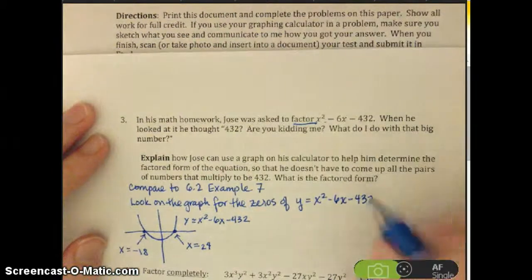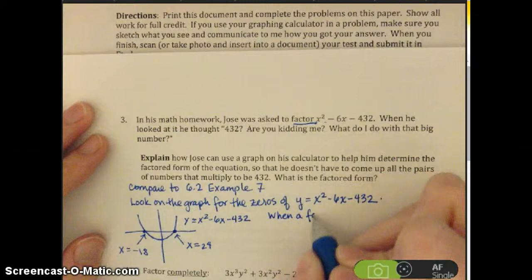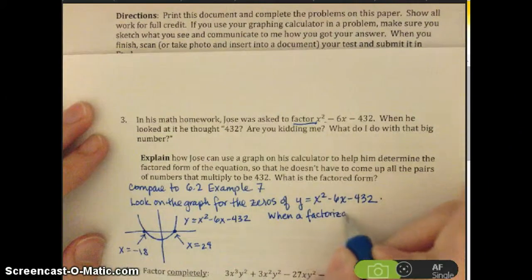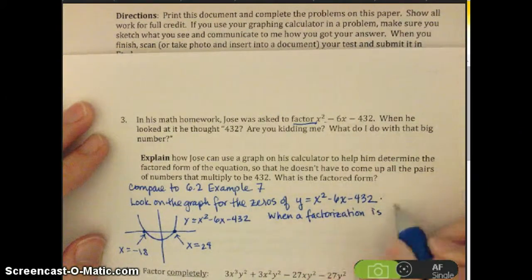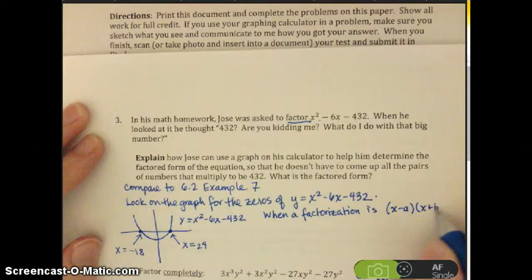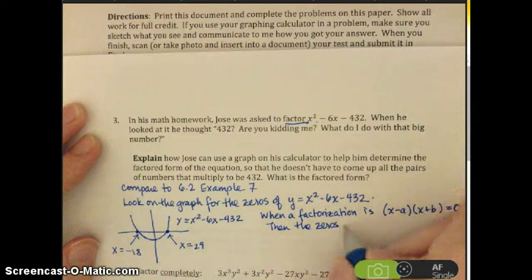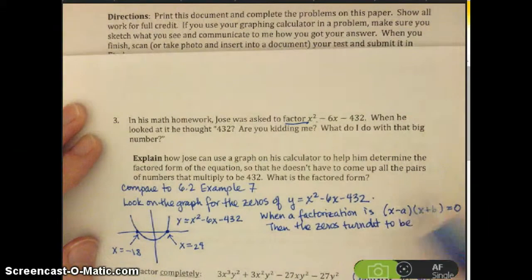Now let's think carefully about how the plus and minus signs are going to go. So when a factorization is, let's say, x minus a times x plus b equals 0, then the zeros turn out to be, by the zero product principle, you write down x minus a equals 0, but then you add that a over.